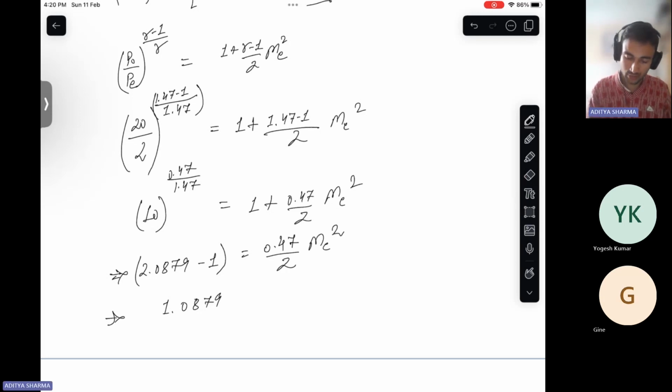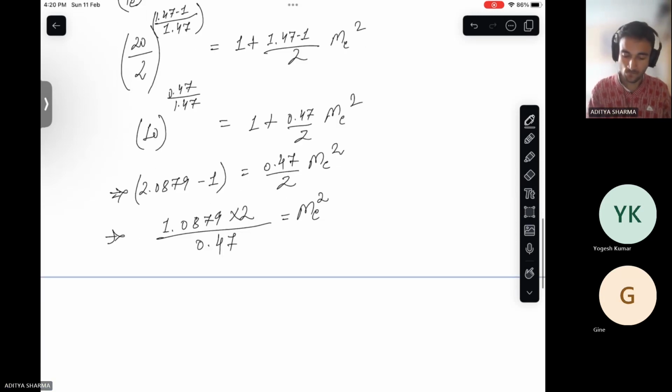Me square, all right. 11.2 divided by 0.47 Me square.